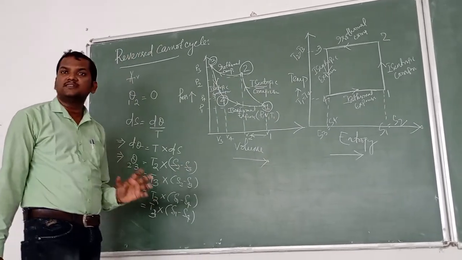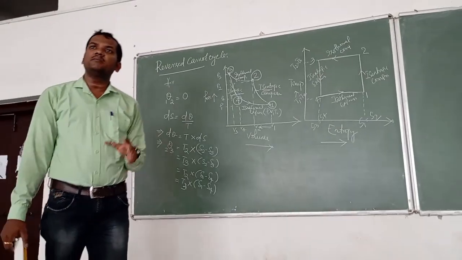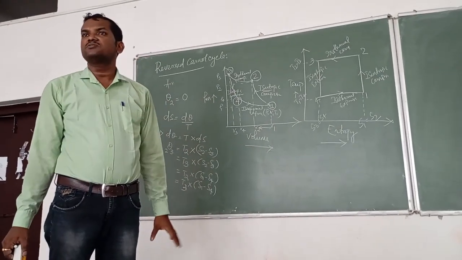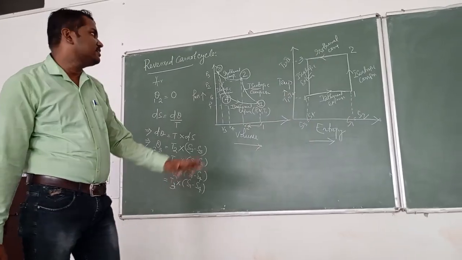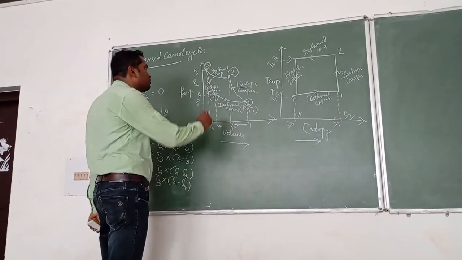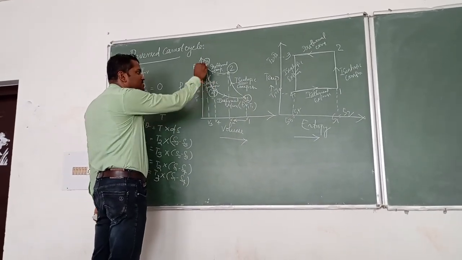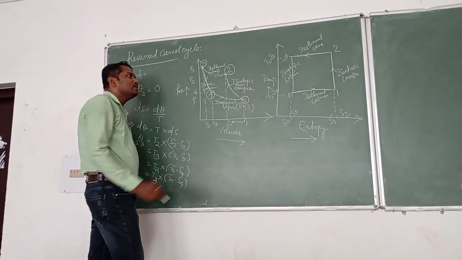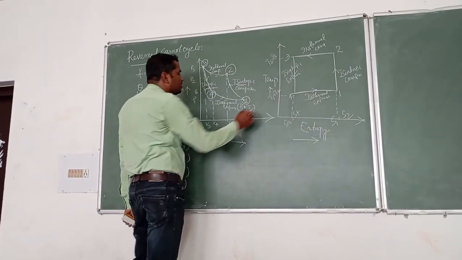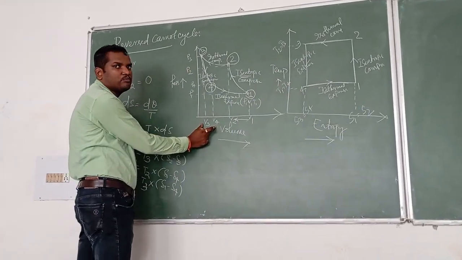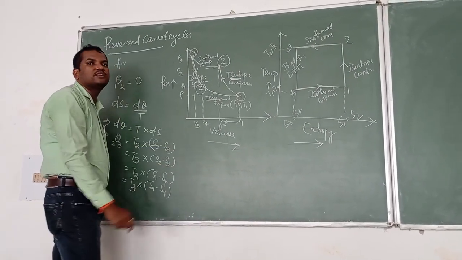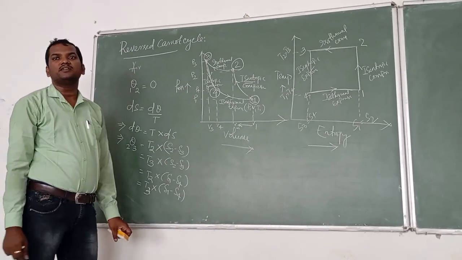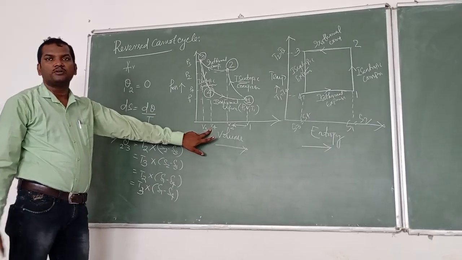Since it is an isentropic or adiabatic process, there is no heat transfer during the process, equal to 0. So during process 3 to 4, pressure decreases from P3 to P4, temperature decreases from T3 to T4. In the expansion process, the specific volume of air increases from V3 to V4. Understood?